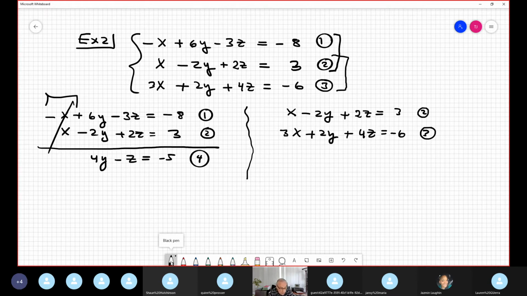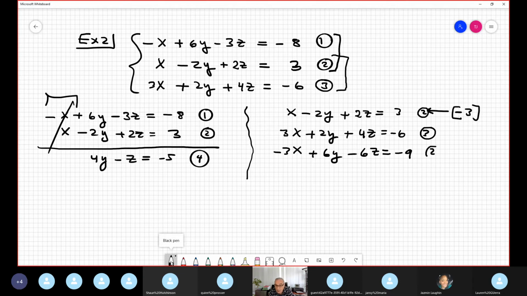So now I propose you multiply, for example, equation 2 by -3. Because when you multiply -3 times x, you copy down -3x plus, because negative times negative is positive, 6y minus 6z is equal to -9.